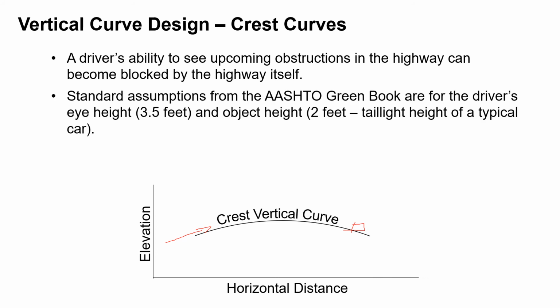The standard assumption for the Green Book is that the height of the driver's eyes is 3.5 feet above the pavement, and that the object height is 2 feet. And the common assumption there is, so you can see the tail light of a typical car as you cross the crest curve or some obstruction that's approximately 2 feet in the roadway.